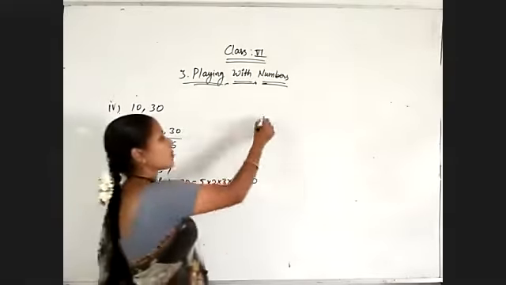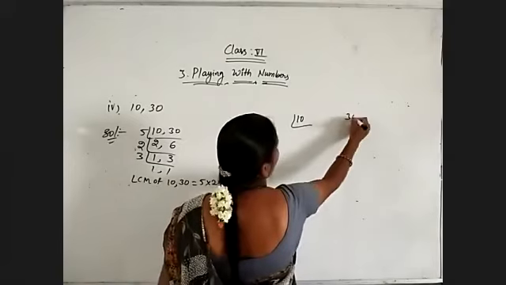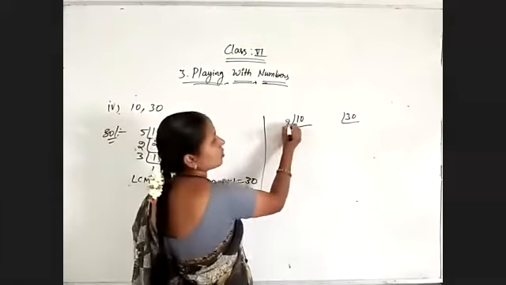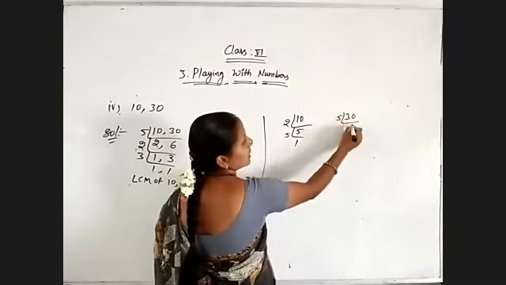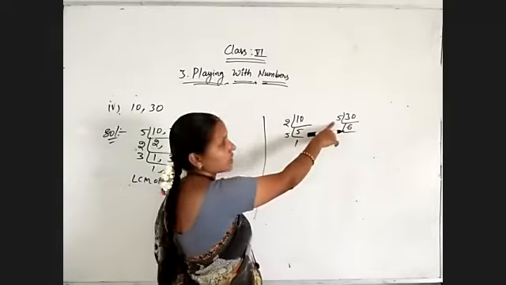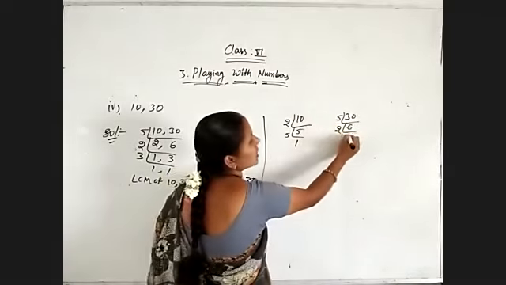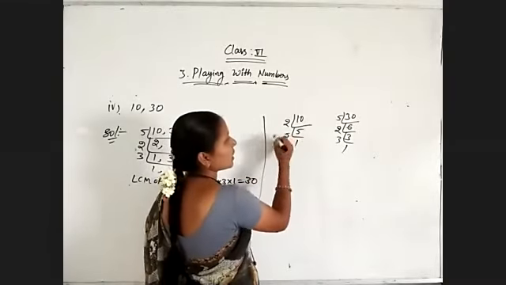Okay. Use the prime factors method. For 10 and for 30 we need to write the factors. 2 fives are 10, 5 ones are 5. 5 sixes are 30. Because 0 is there, that's why I am directly going with 5. 5 is a prime number. 2 threes are 6. 2 and 3 are prime numbers. So what are the common factors?